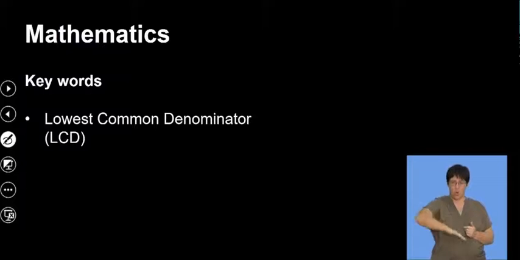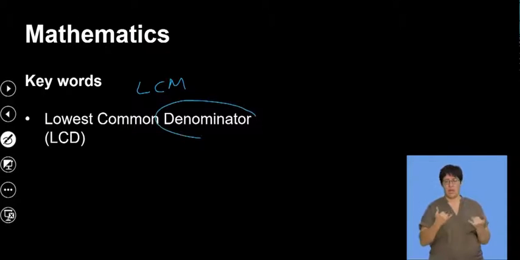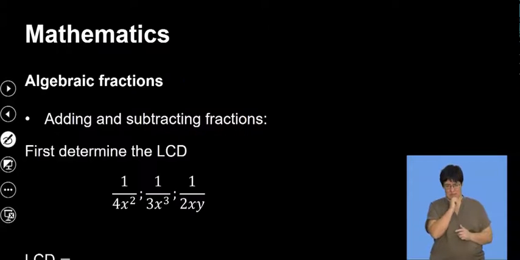I know you guys started doing this as an LCM, right? Which was lowest common multiple. Now we're going to call it the lowest common denominator, which makes it a bit easier to use in terms of fractions. Now, when adding and subtracting fractions, first you need to determine the LCD.